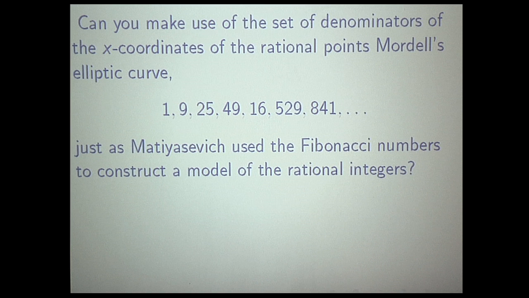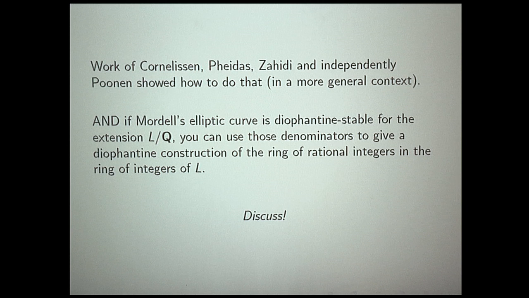We have these x-coordinates which are growing, and they're growing sort of like Fibonacci numbers. So if you can use Fibonacci numbers to model the logic of the integers, why can't you use the x-coordinates of such an equation? Okay, so that's the question. And in fact, you could do that.